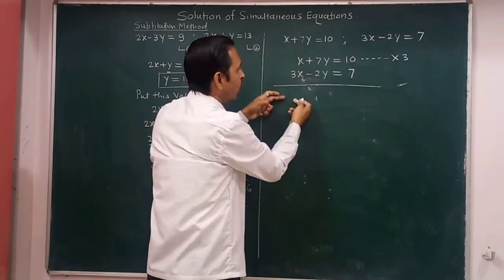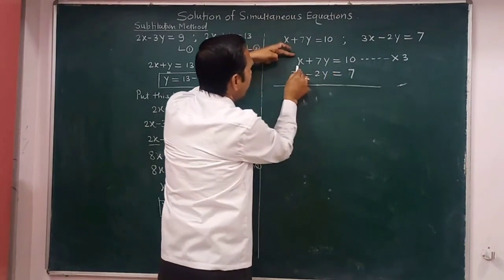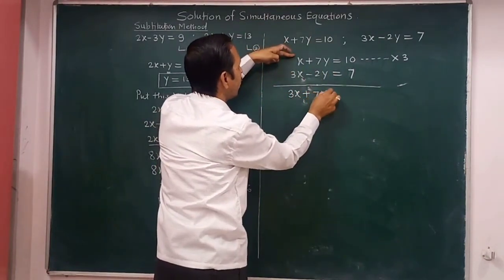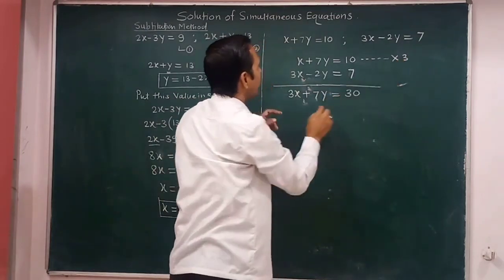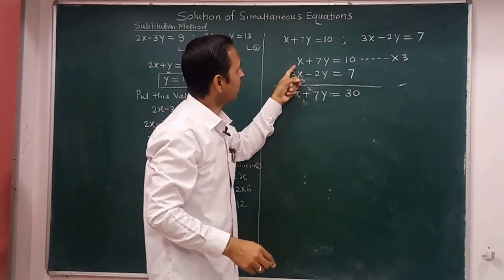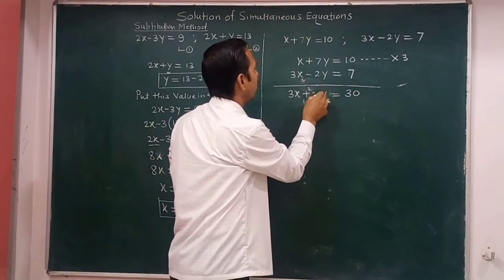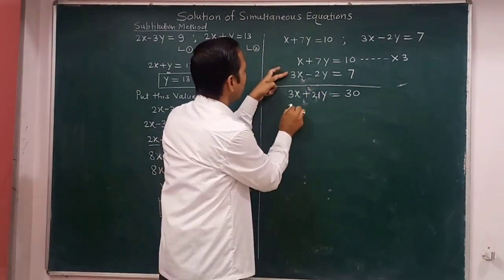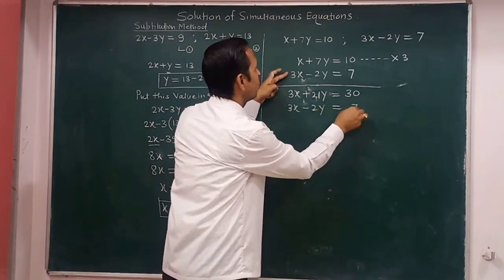Now again write both these equations one after another. 3 into this equation, that is 3x plus 7y is equal to 30. Now 3 will be multiplied to both terms. That's why 3x plus 21y is equal to 30.